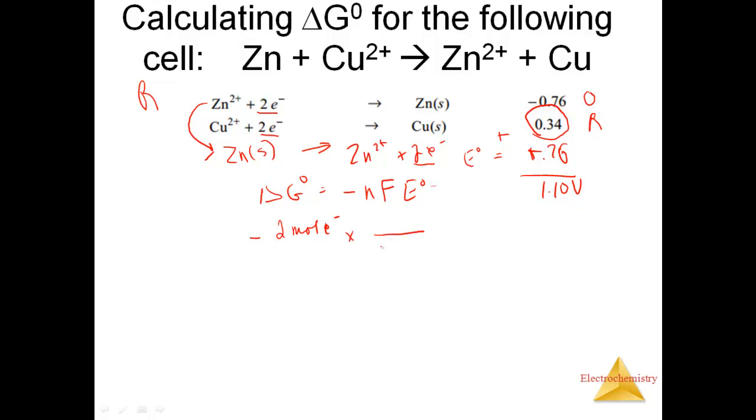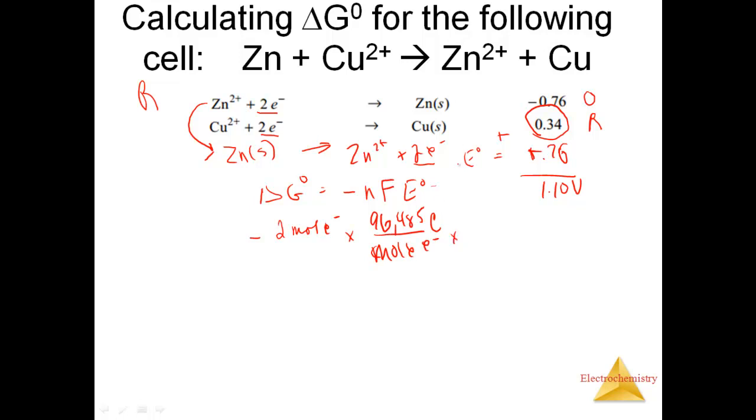My F is a constant. Let me see, it's on the equation sheet. I believe it's 96,485 coulombs per mole of electron.